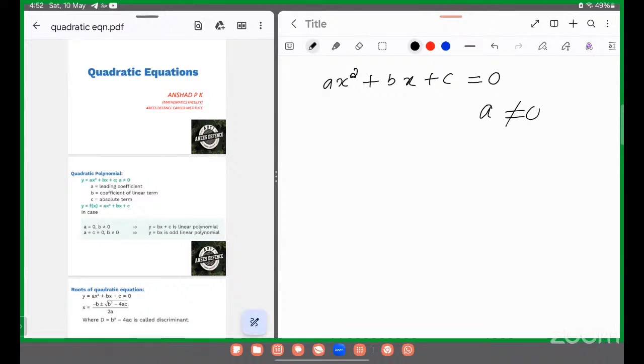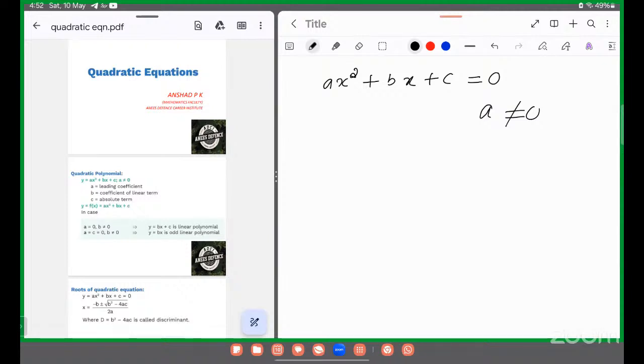There will not be any second degree term. Other than a, if b is 0 or c is 0, no issues. It will still remain a quadratic equation. But if a is 0, it cannot be a quadratic equation. It may be a linear equation.